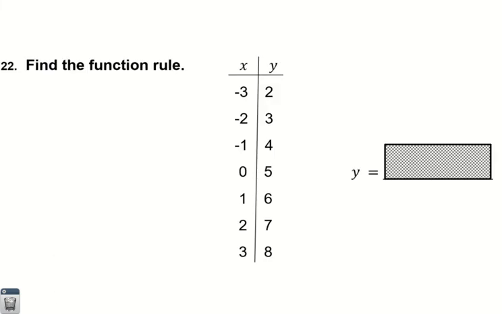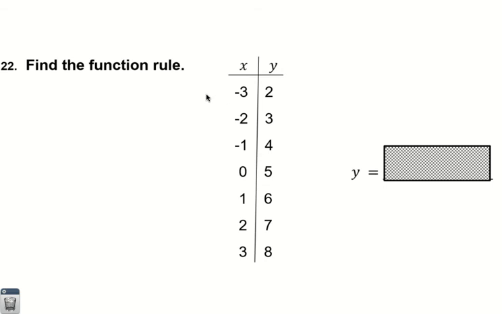In number 22, what you're given is a fully completed table, well, of 7 points anyway, 7 ordered pairs. And you need to come up with the equation that corresponds with that table.